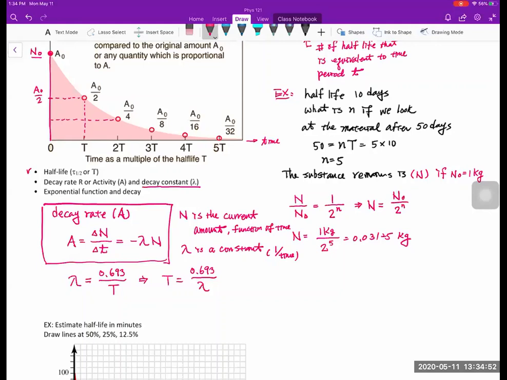Okay. So what does the lambda represent? If you have a larger lambda, what does that tell you about the rate of change?